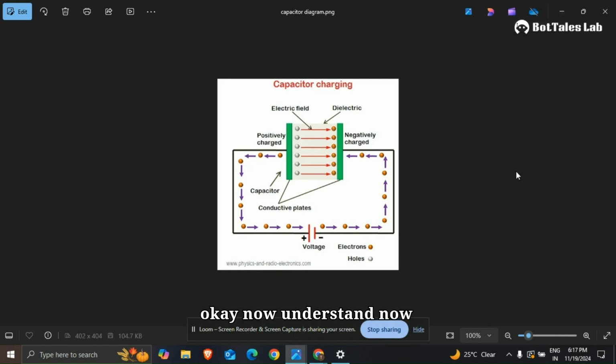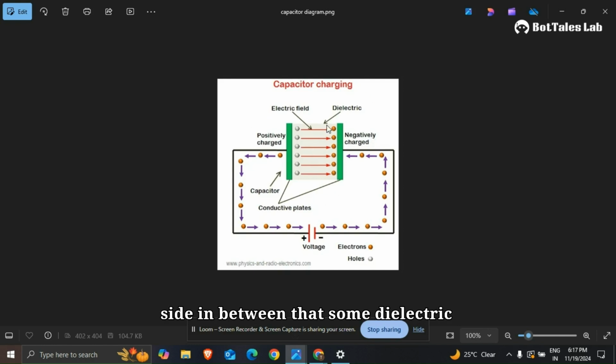Okay. Now let's come to a summary of what we studied today. What is a capacitor? Basically, a capacitor is a bucket of electricity, that is, it is used to store electricity. Later I told you about the different types of capacitor. Later I told you what's inside a capacitor. Inside a capacitor, basically, two metallic plates will be there, positive side and negative side.